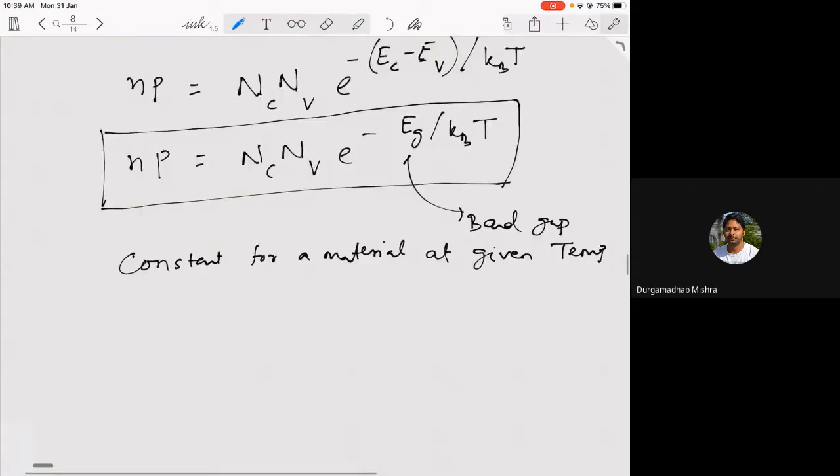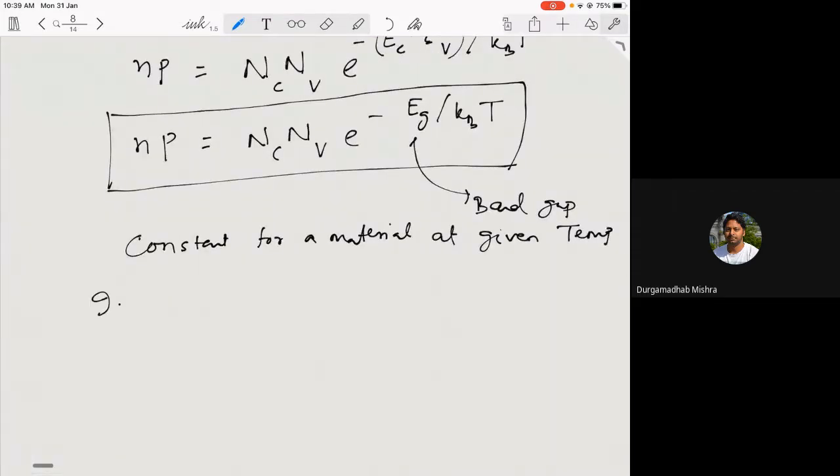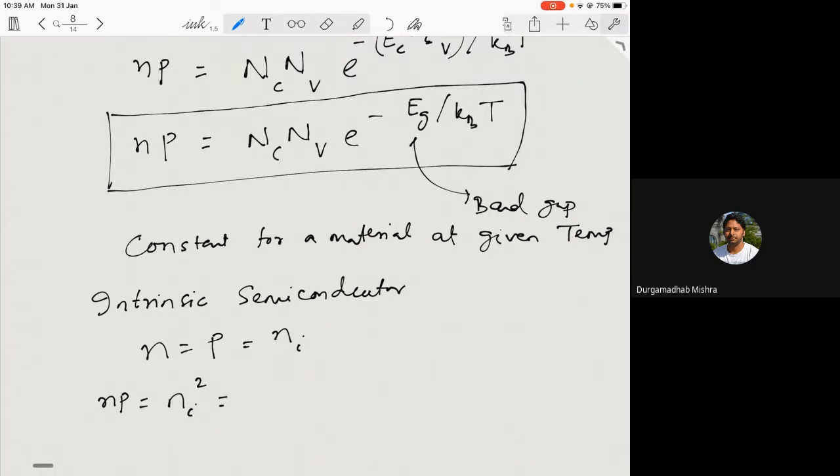Now, if I say intrinsic semiconductor, in case of an intrinsic semiconductor, n is equal to p, which we write as ni, the intrinsic concentration. So the product np will be equal to ni square, which is again the same NC NV exponential minus Eg by kBT.